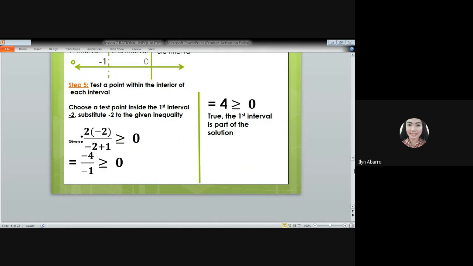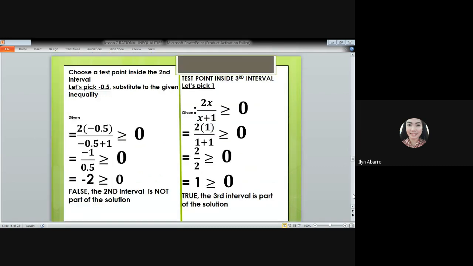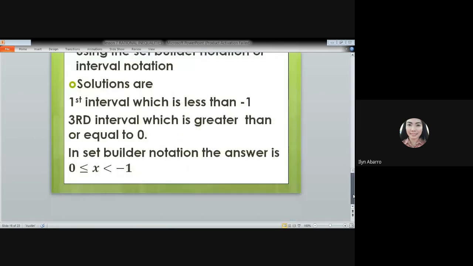So, when there are two areas, we use the set builder notation: x is greater than or equal to 0, and x less than negative 1. This is the third interval, and less than negative 1. Negative 1 is not included, so it has no bar underneath.